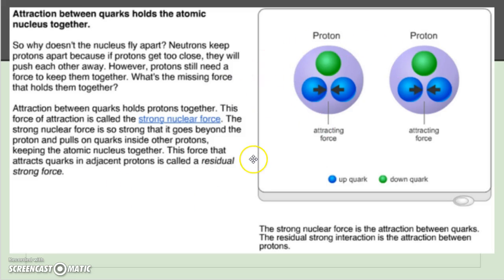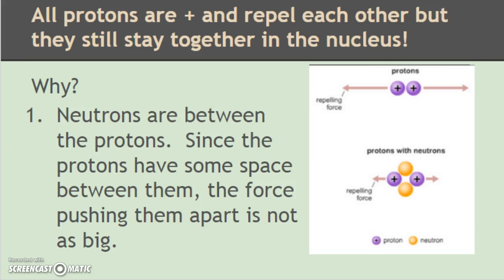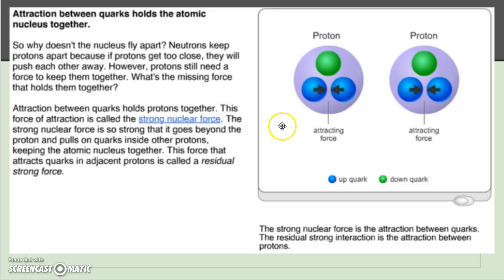Now, here's the second reason why the nucleus doesn't fly apart, why the protons don't fly apart. We had reason number 1, and I'll write down reason number 2, so for now you can just listen to it. It has to do with the quarks, okay? So the attraction between quarks holds the protons together. So this holds the actual proton together and is called the strong nuclear force. I know, how original.